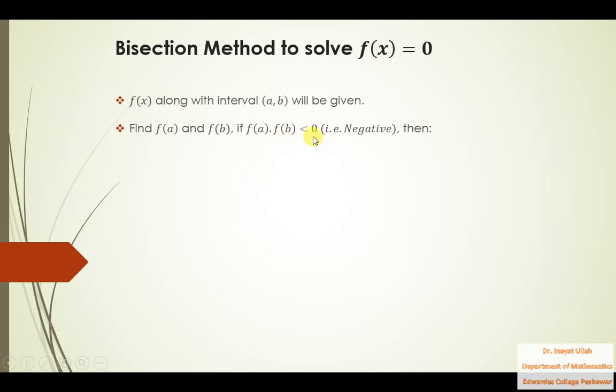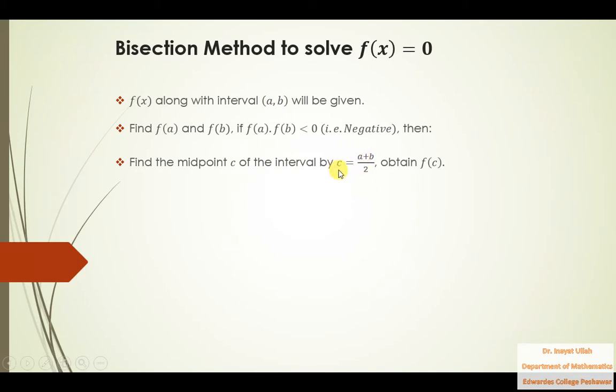If the answer is negative, then we need to find the midpoint of this interval. The midpoint of AB will be denoted by C. So we need to find C by the midpoint formula. What is the midpoint formula? That is a plus b divided by 2, the simple average formula.